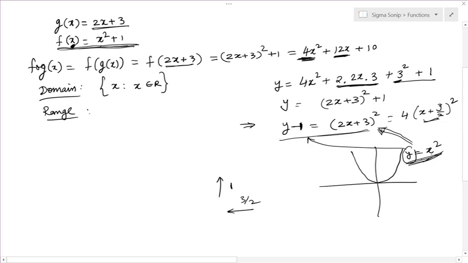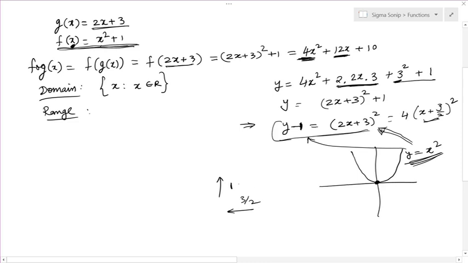So this vertex, which was initially 0, 0 in the function y equal to x square, when I change this equation to this equation here, the vertex moves up by 1 and left by 3 over 2.